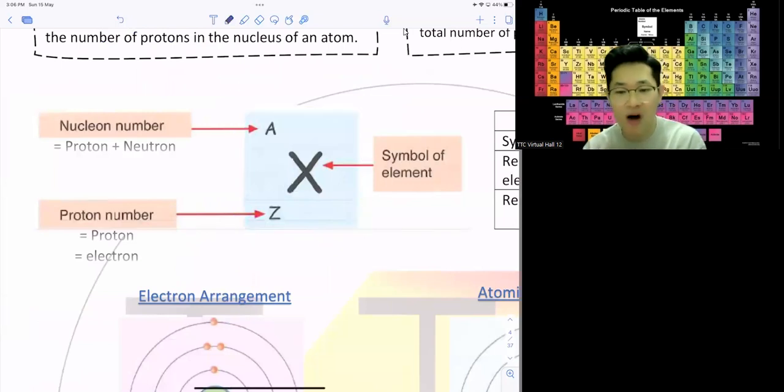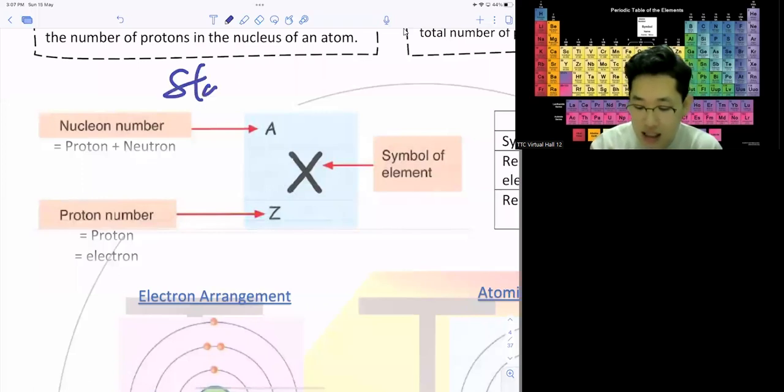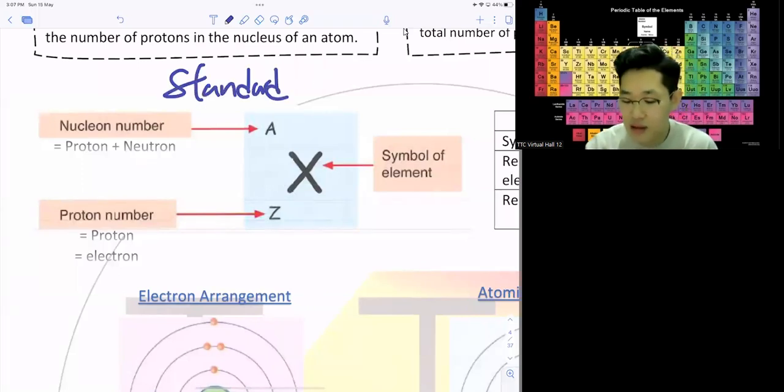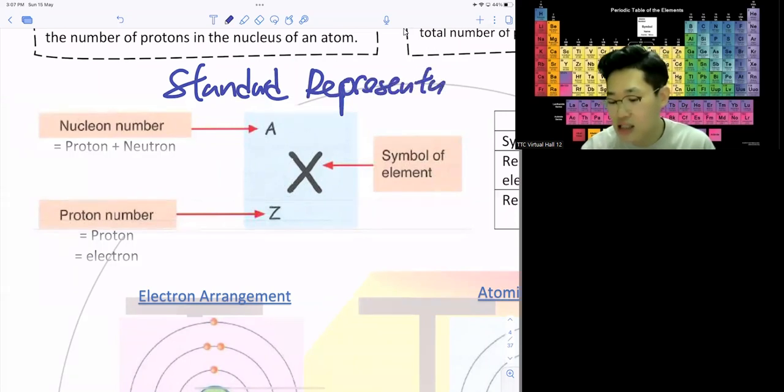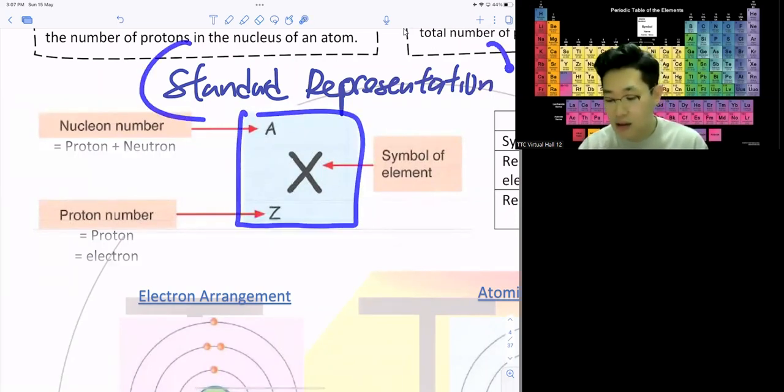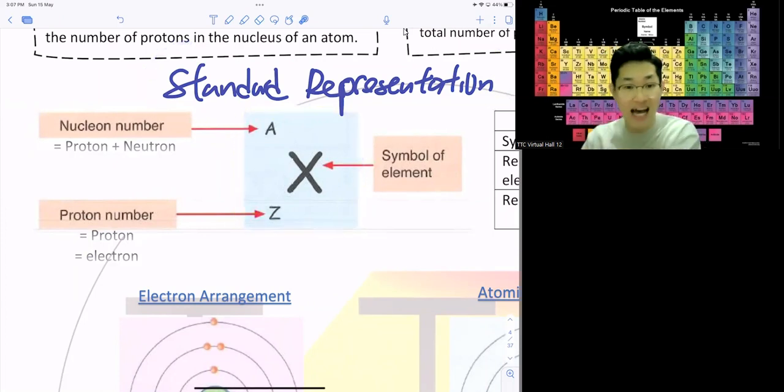What do we call this format? Very good, Jacinta. Standard representation. So exam can ask you to write the standard representation out.